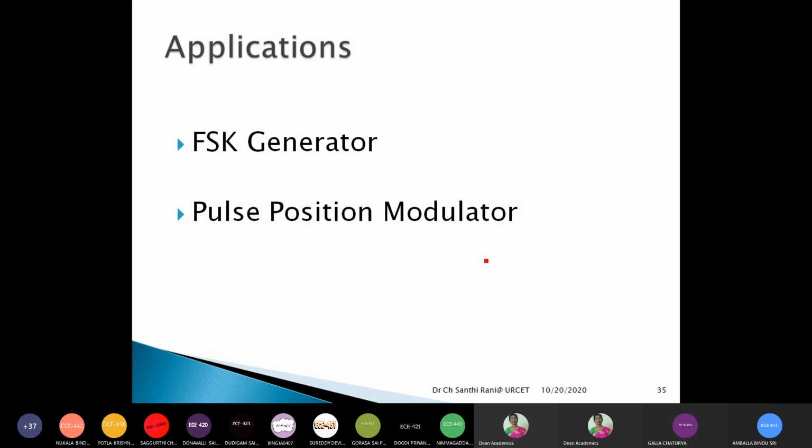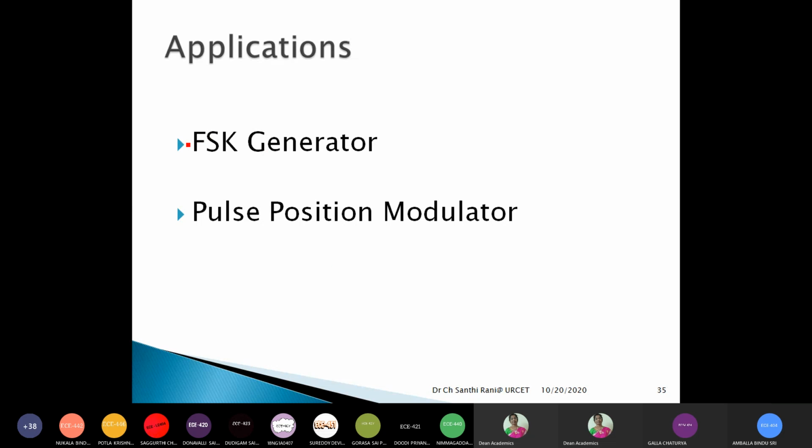Now we can see the applications of the 555 timer in astable mode. It is used in mainly two different applications.